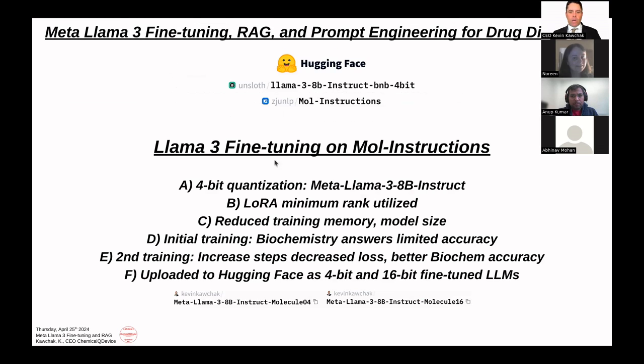In this specific one, the 4 and the 16 correspond to the compression, basically how big the model is. If the 16 is about 8 billion, the 4 was like a 4.5, something like that. So that's another thing in all of this.